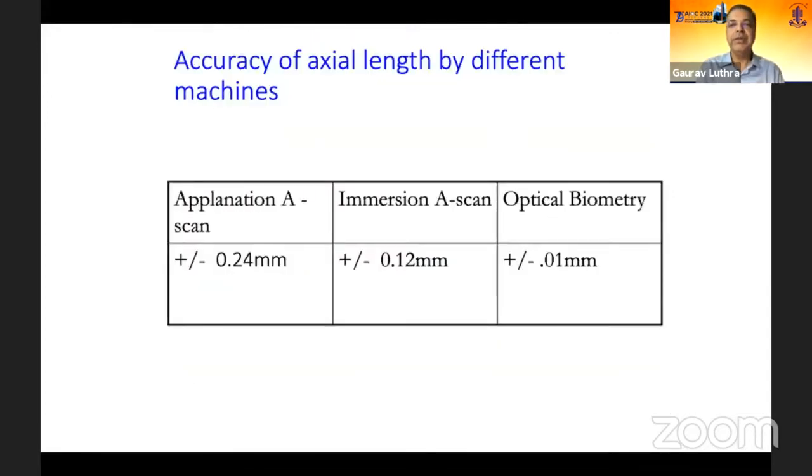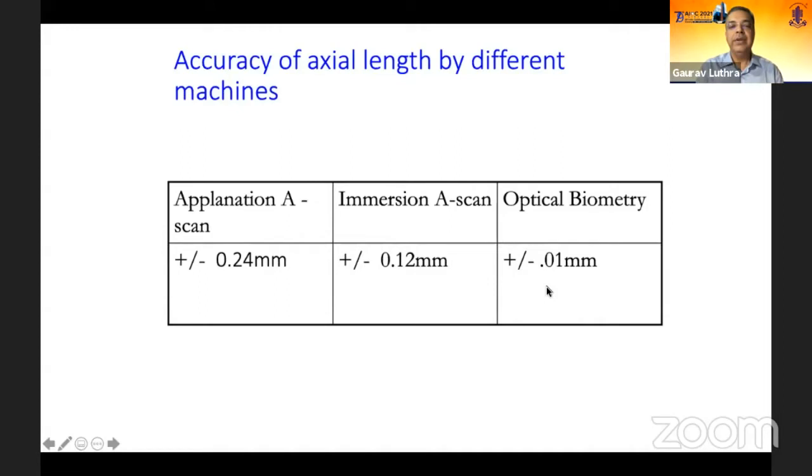But what's most important, why do we need to do all this? The applanation contact A scans would have a plus minus 0.24 mm range of error, which can give you a prediction error of as much as half to one diopter, depending on whether you're dealing with a myopic or a hypermetropic eye. The immersion scans got much better, and frankly, for the last 10-15 years, we've always mentioned that immersion A scans would be very close to optical biometers, but you can still see that there is a difference, with an error of almost plus minus 0.12 mm, whereas optical biometers typically would have errors of only plus minus 0.01 mm.